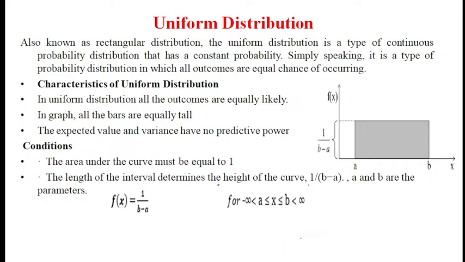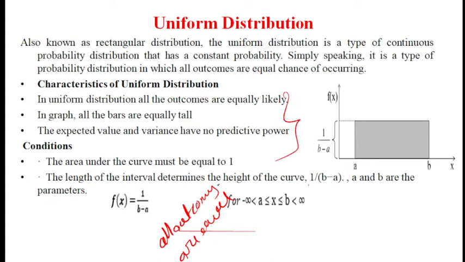Let us come back to the uniform distribution. It is talking about all outcomes being equal. The key point you need to remember is that all outcomes are equal. Here are the characteristics.